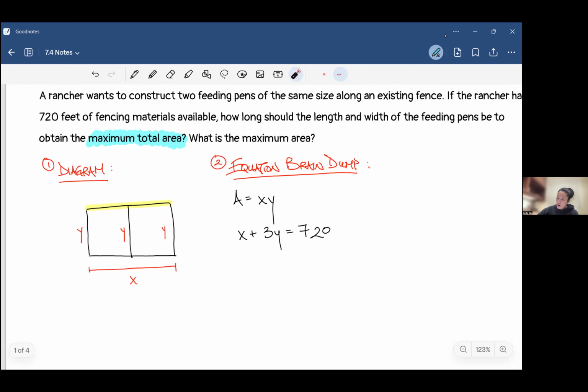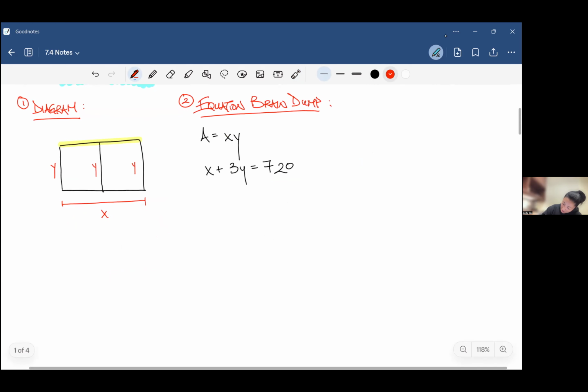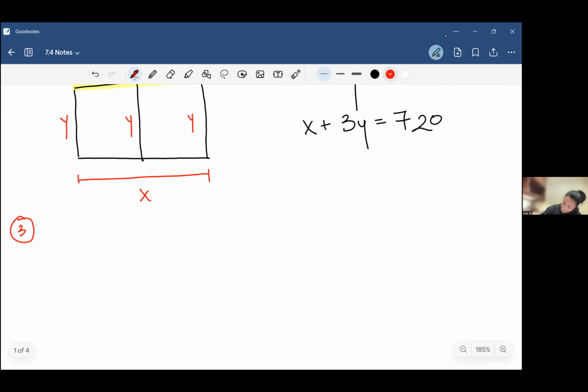All right, now I think these two equations should be enough to help us figure out the maximum situation here, okay? So let's go ahead and use derivatives to help us out, okay?